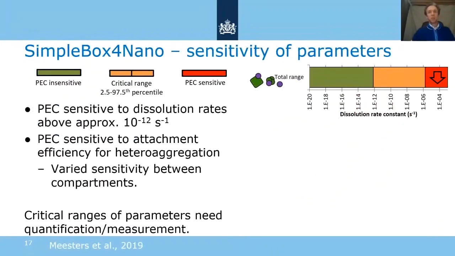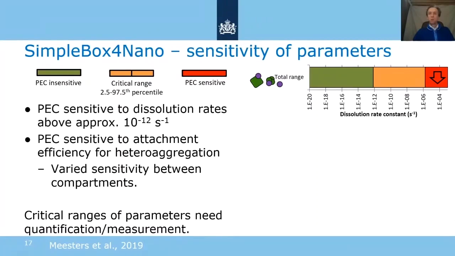So this is another example of use of the model, or studying what the model actually means in terms of sensitivity to certain key parameters that describe fate of nanomaterials. So in this case, related to the dissolution of any type of nanomaterial actually.